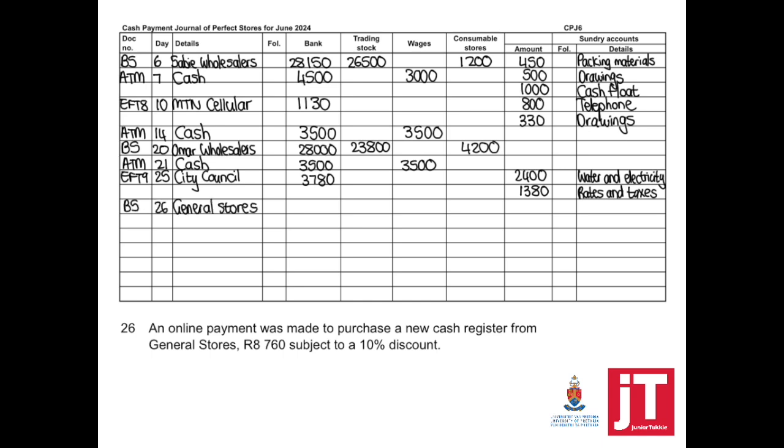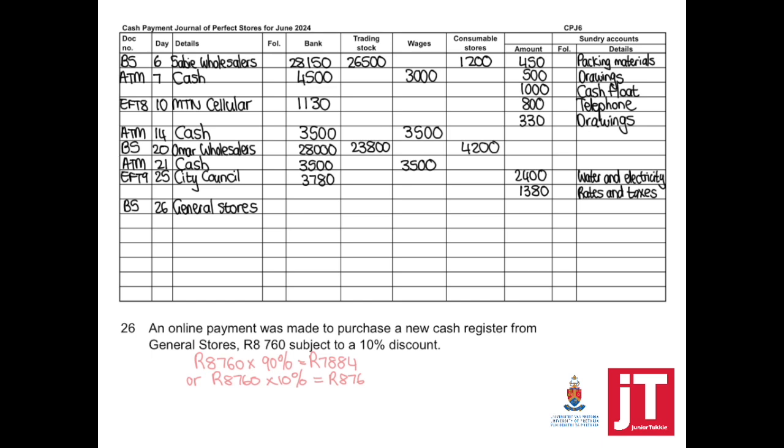So the source document is bank statement on day 26. We purchased from General Stores. And now we need to do a calculation. 8,760 times 90% means that the total amount that we need to pay after the discount is 7,884.